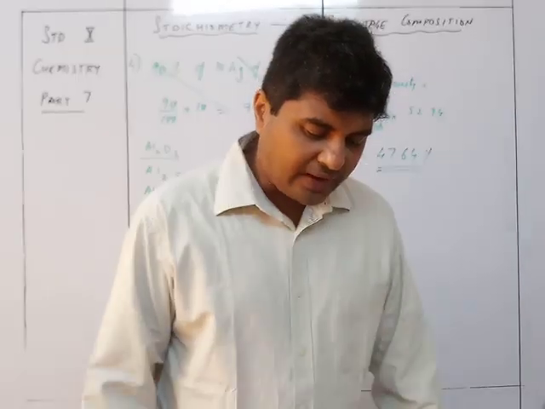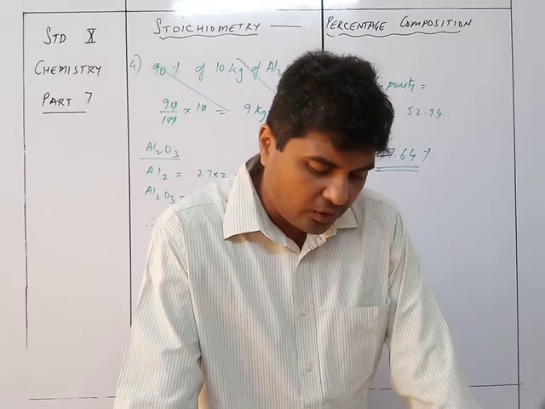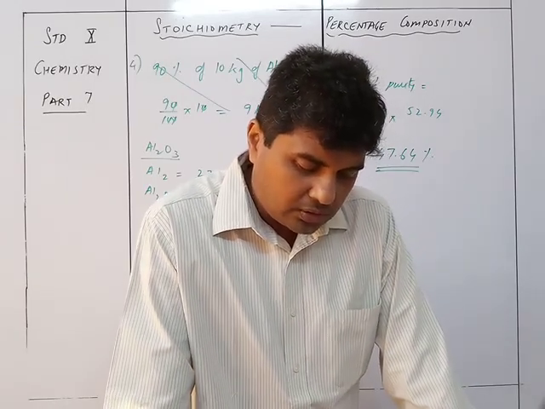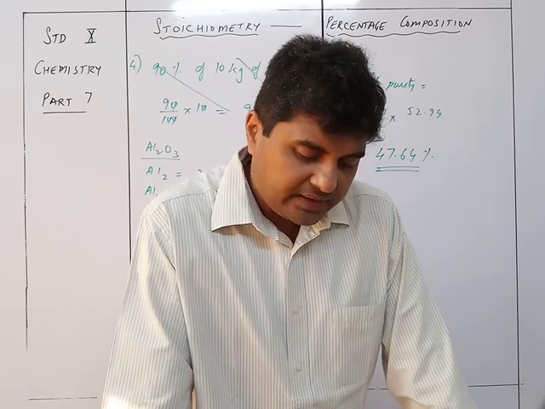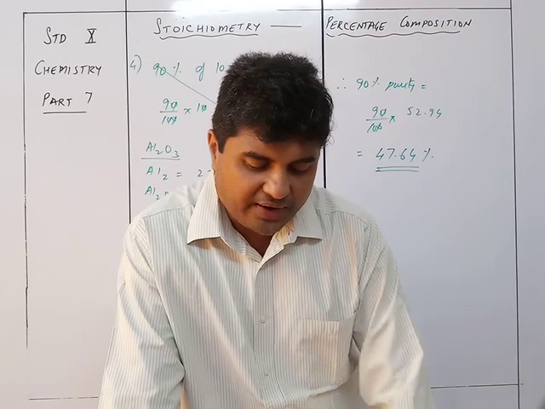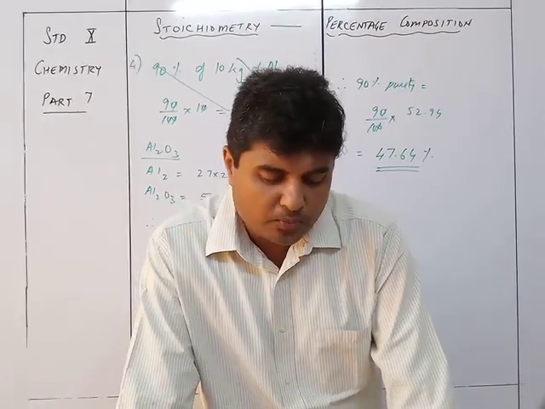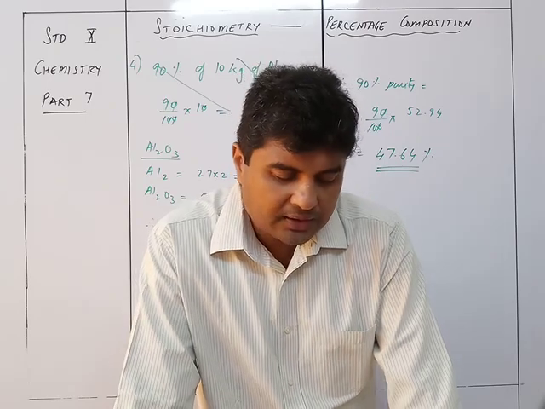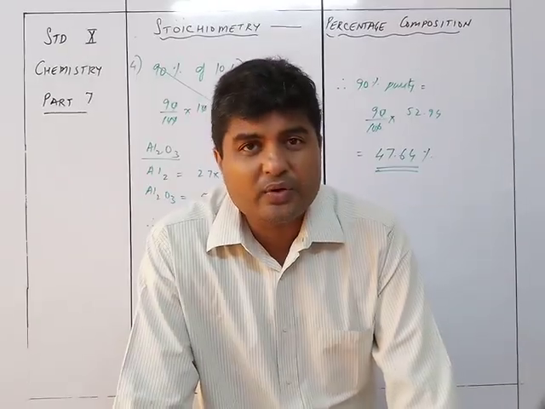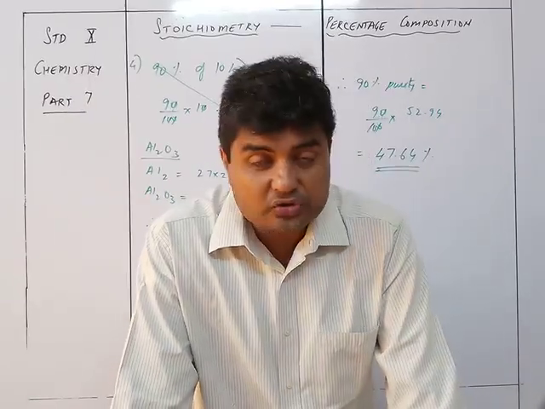We now move on to sum number 5. State which of the following are better fertilizers: potassium sulfate or potassium nitrate or urea or ammonium phosphate. See, whenever you are going to take potassium phosphate, we are going to find out the potassium content, because a good fertilizer will be one which has more potassium in it. In another case, when you are taking urea and ammonium phosphate, then you are going to find out the percentage of nitrogen in it, not ammonia.